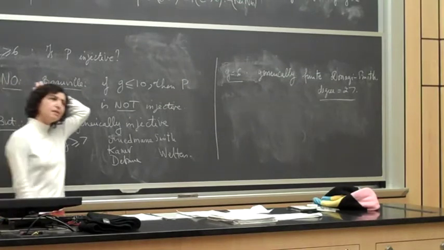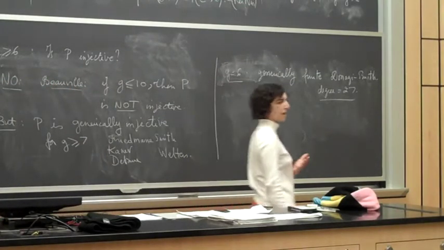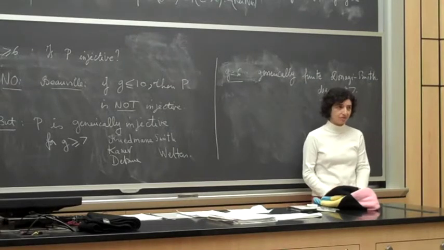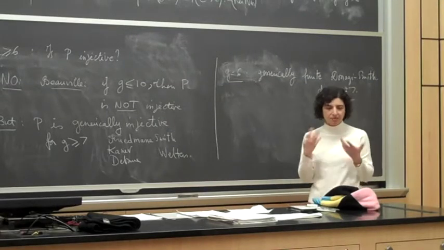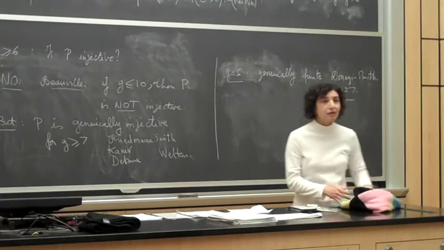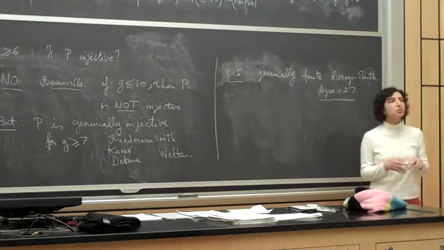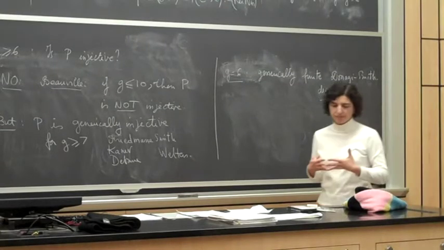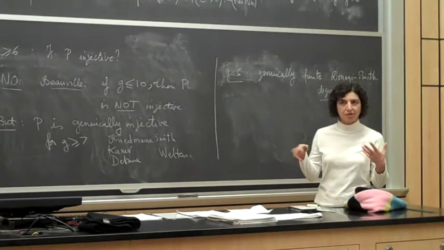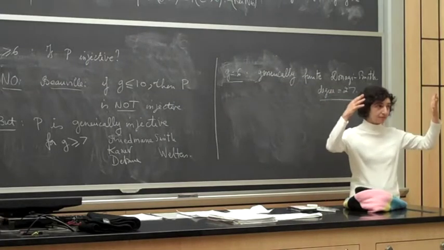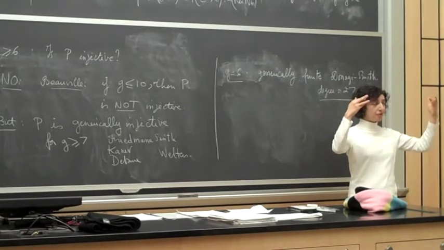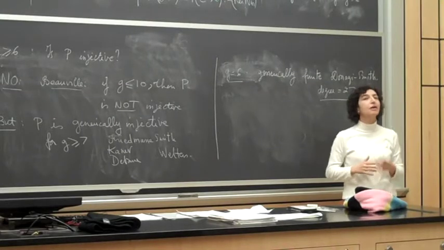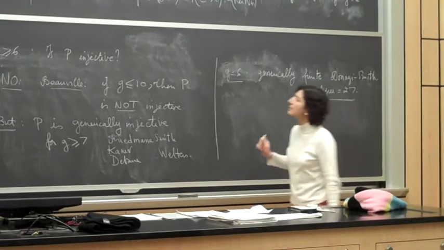And if the map is not injective, then you're going to ask yourself, where exactly does it fail to be injective, right? So what are those special double covers where the map is not injective? And this is important also for other reasons. Prym varieties are also, for people who know about them, often intermediate Jacobians of higher dimensional varieties. So to know when you get the same thing is important because it also tells you something about that higher dimensional variety.